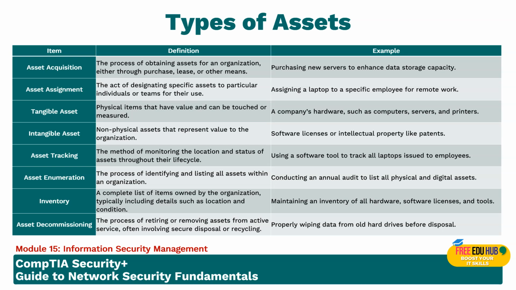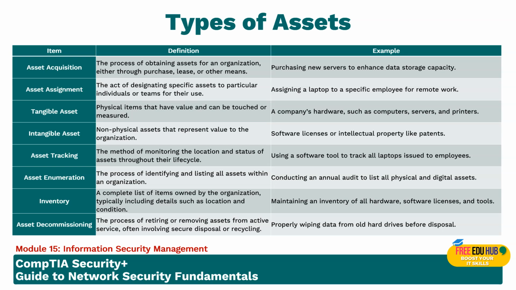Most of the items that we purchase, for example servers and workstations, are quite expensive, so usually we tag them to keep track of them. So a company's hardware such as computers, servers, and printers can be properly managed. Then we have intangible assets, non-physical assets that represent value in an organization, for example software licenses. So you'll have to make sure that you are keeping track of all the software that requires updates and licensing, etc.